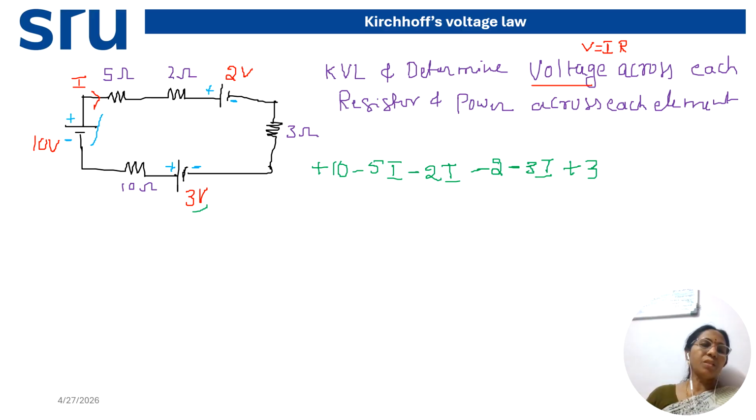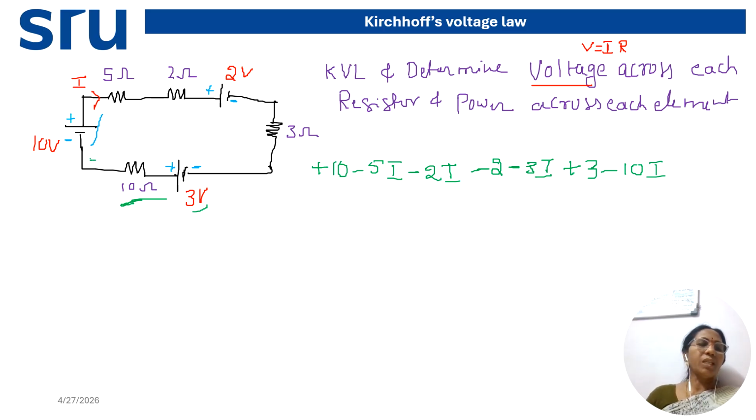Then after this, we have 10 ohm resistance, IR drop. Voltage across 10 is I into 10, or 10I, and the drop is taken as minus 10I. After this 10 ohm, do you have any other element? No, because we started from here, covered all the elements, and came back to the initial position.